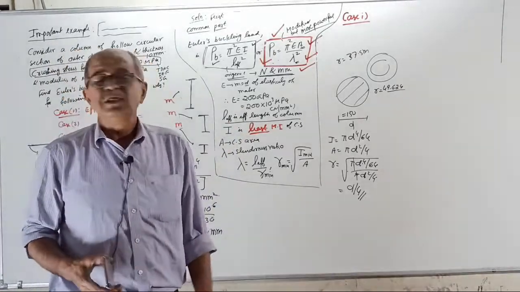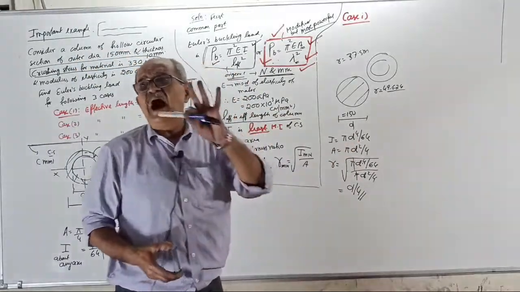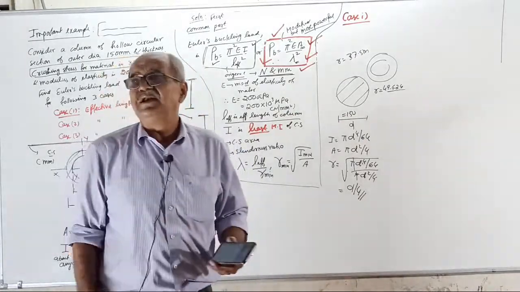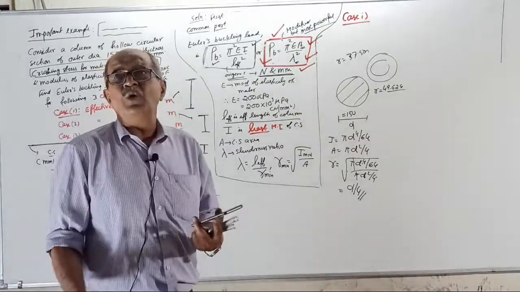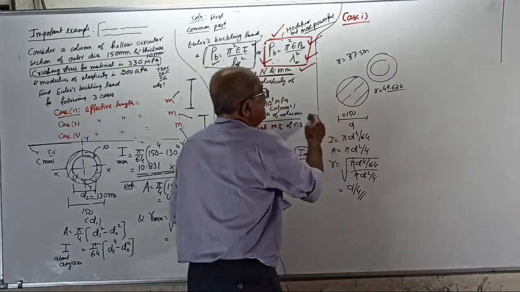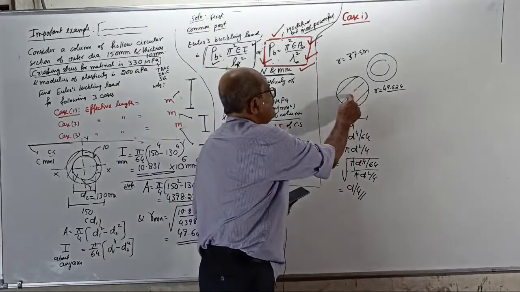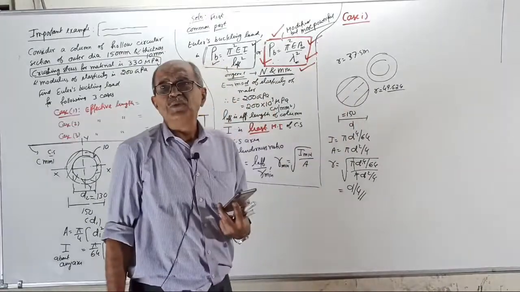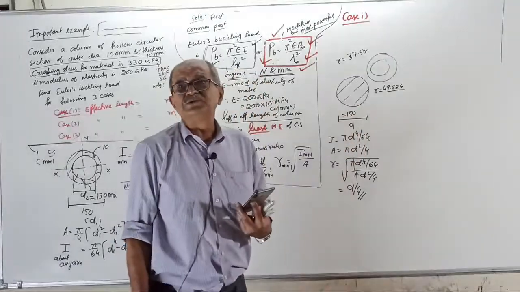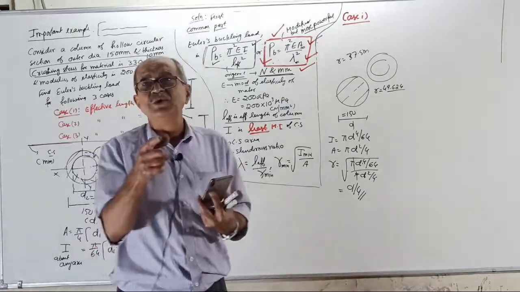Simple question, logically, not by telling formulas. The moment you make a solid section, R will be d by 4. The moment you make it hollow, even if you remove a little portion, 37.5 will become 38.5. Remove a little more, 37.5 may become some 42.5, that way. So finally it reached 49.624.